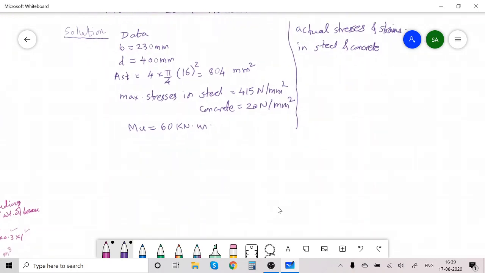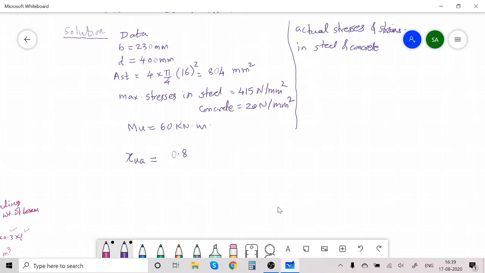Now to start with, as area of steel and size of beam is given, let us calculate XU actual by the formula CU is equal to TU. That formula is 0.87 FY that is, this is TU, divided by 0.36 FCK into B. XU I am taking on left side. So this is equal to 0.87.